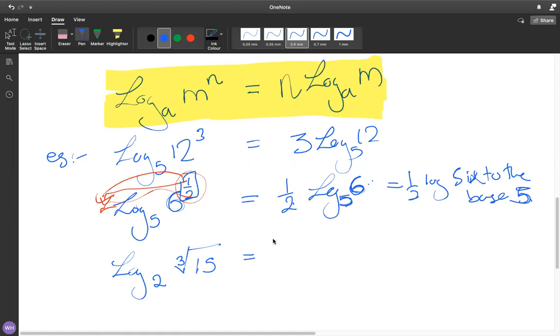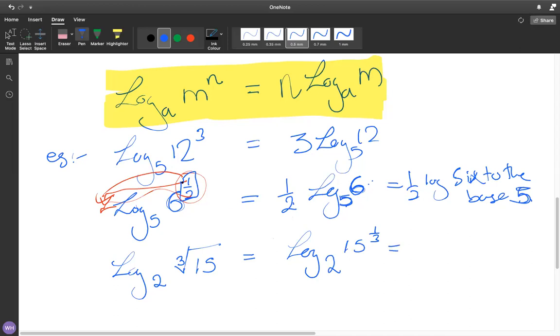No idea? I think you have missed a session. Anyhow, you can write this as logarithm of 15 to the power 1 upon 3 to the base 2. A cube root can be written as power of 1 upon 3.